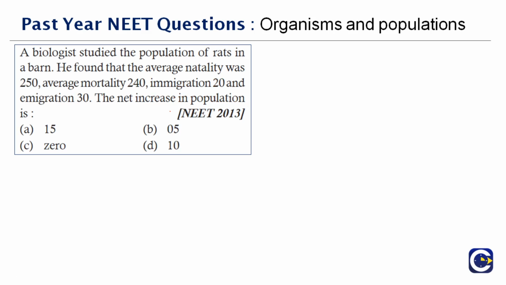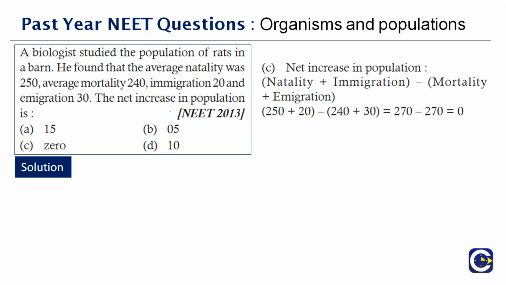Okay? Next question here. A biologist studied the population of rats in the barn. He found that the average natality was 250, average mortality was 240, immigration was 20, and emigration was 30. So the net increase in the population is dash. So you have a formula for this.